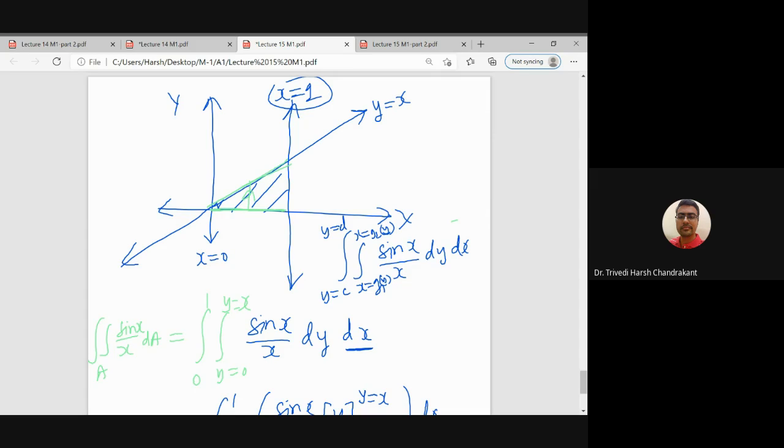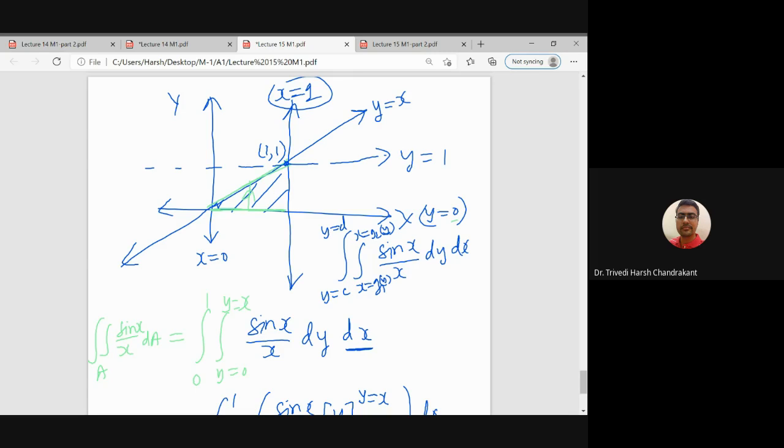So now you tell me what will be the constant limit of y which bounds this region. 0 to 1. Alright, so it's bounded between the x-axis and the constant line y equals to 1, that is coming from the point 1 comma 1. Right, so that is correct.